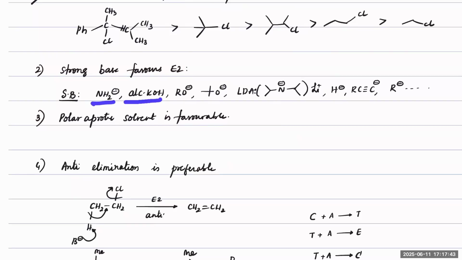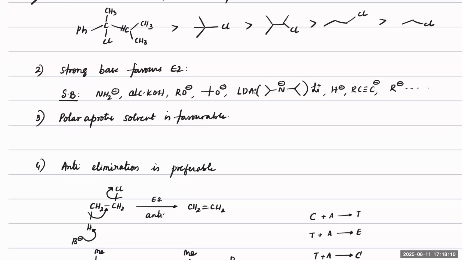NH2 minus, alcoholic KOH, RO minus, tert-butoxide, LDA. LDA is lithium diisopropylamide. Then H minus, triple bonded C minus, R minus. These are strong bases, and these strong bases favor E2.